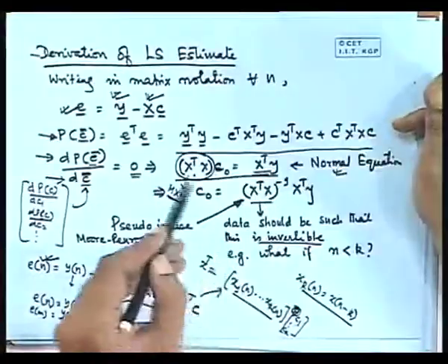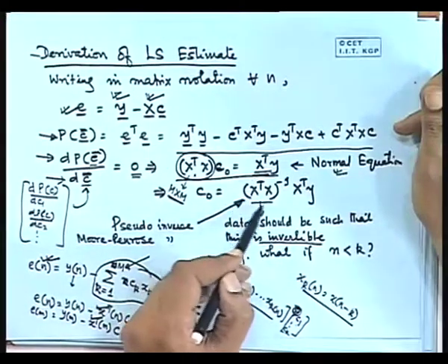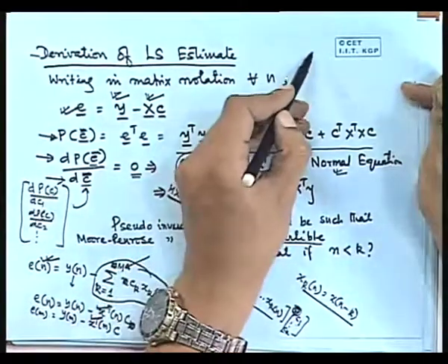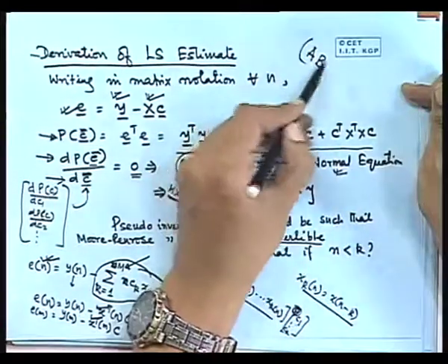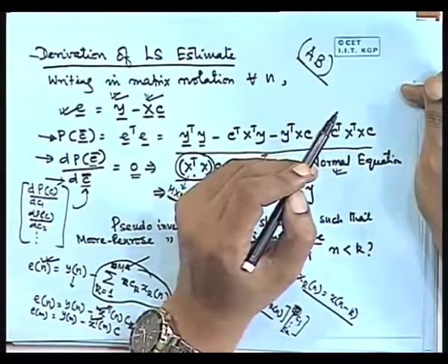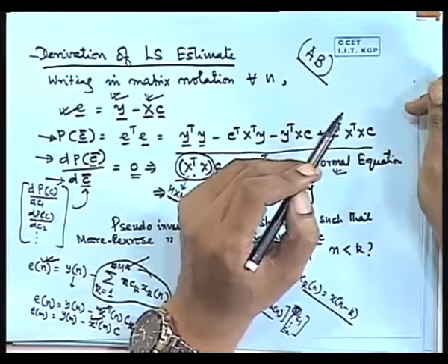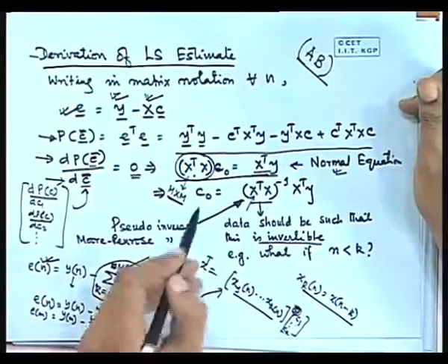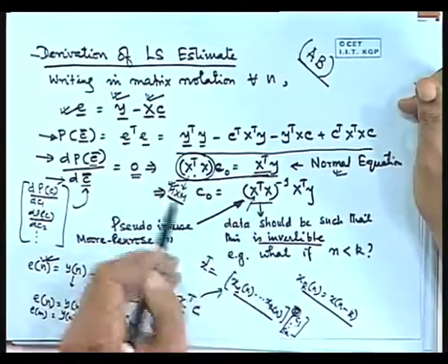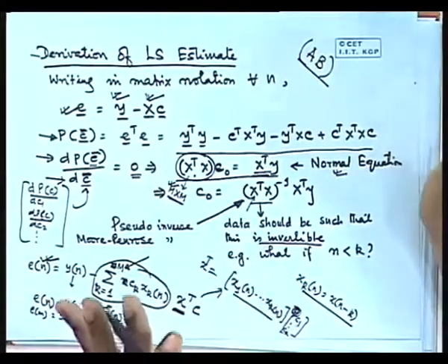First of all, remember that this is a composite matrix. If you multiply a matrix A by a matrix B, then the rank of AB can never exceed the rank of A or B. So this has to be of rank M. Only then can X transpose X inverse have full rank.